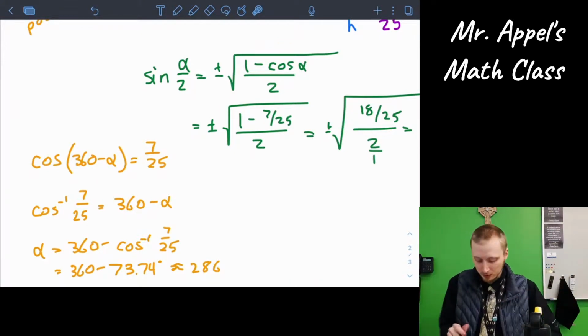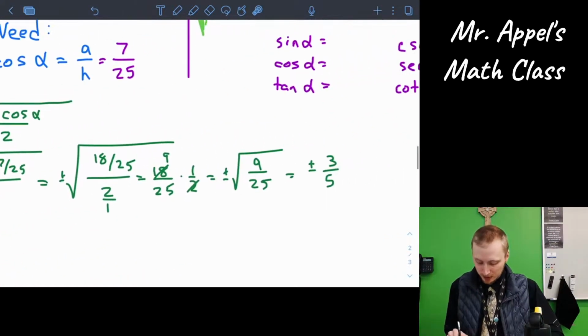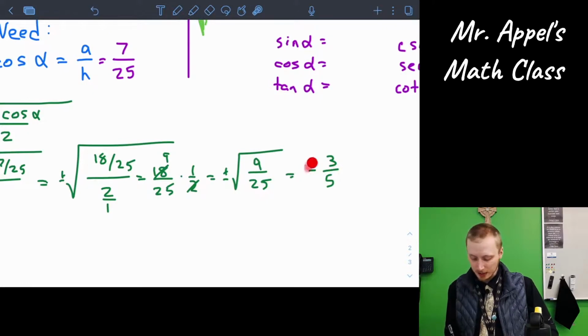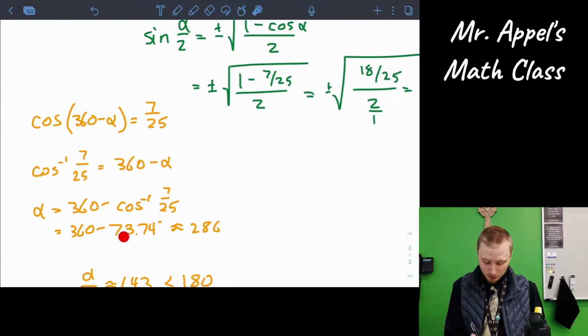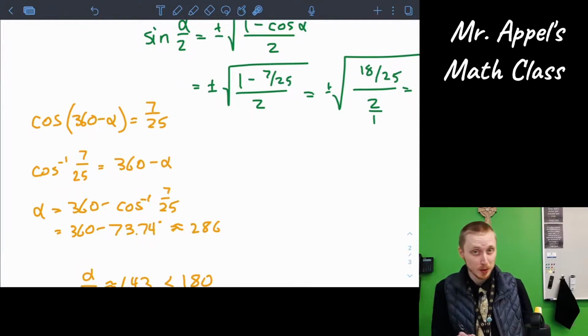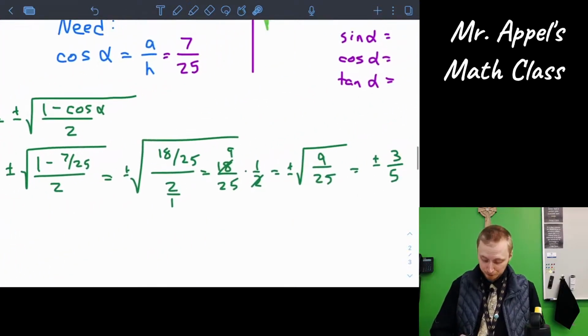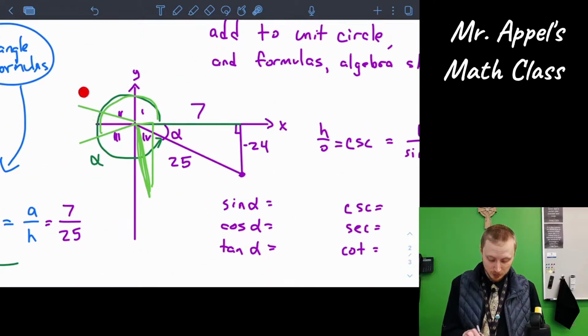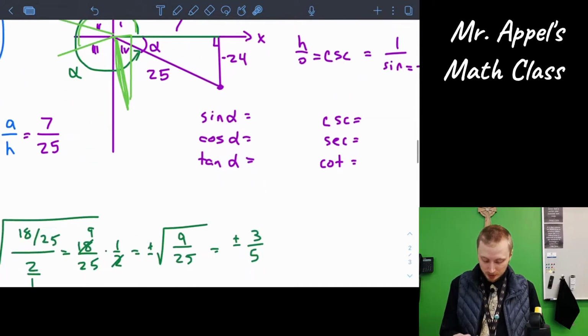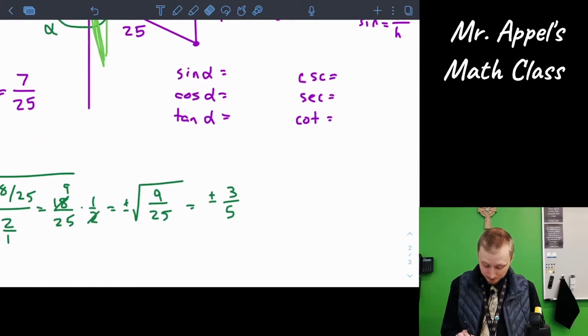We want to continue with the method we're going, to get the exact version. You won't get a perfect 3/5 if you put in 286 degrees, or 73.74, because you rounded at some point. But it's in quadrant 2. All students take calculus, so sine is positive there.